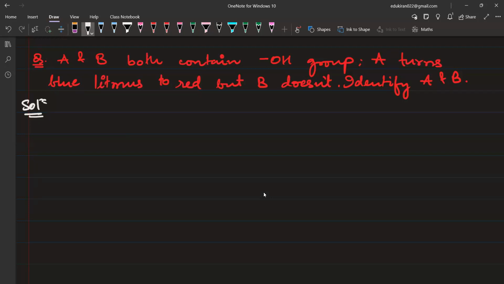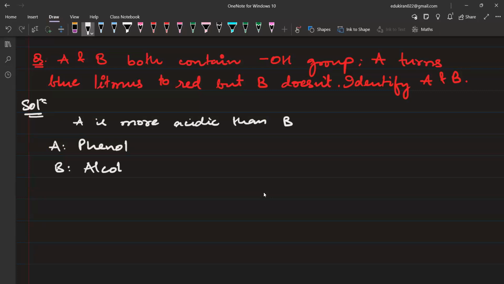Then obviously A is more acidic than B, and the only available options are alcohol and phenol. So obviously, phenol is more acidic than alcohol. That is why I will say that A is phenol and B is alcohol. Write this down, guys.